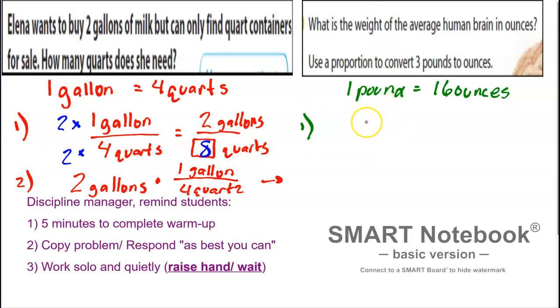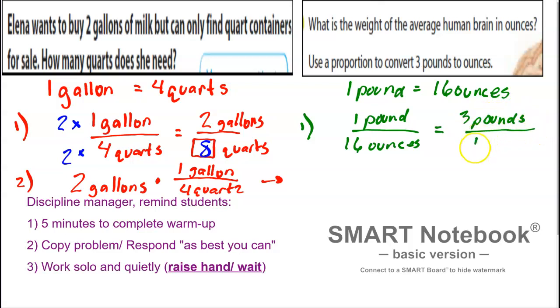We have 1 pound over 16 ounces. What is the human brain weight in ounces? We know 1 pound is 16 ounces. The human brain is 3 pounds. We don't know the ounces right now.